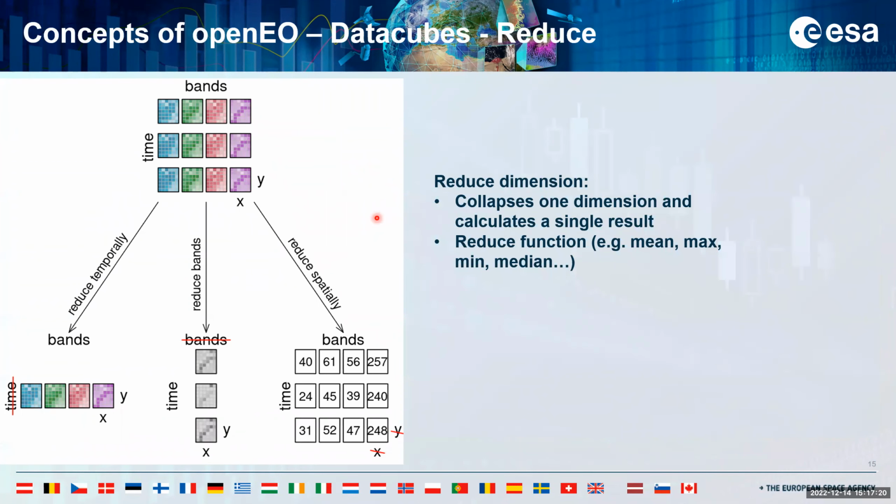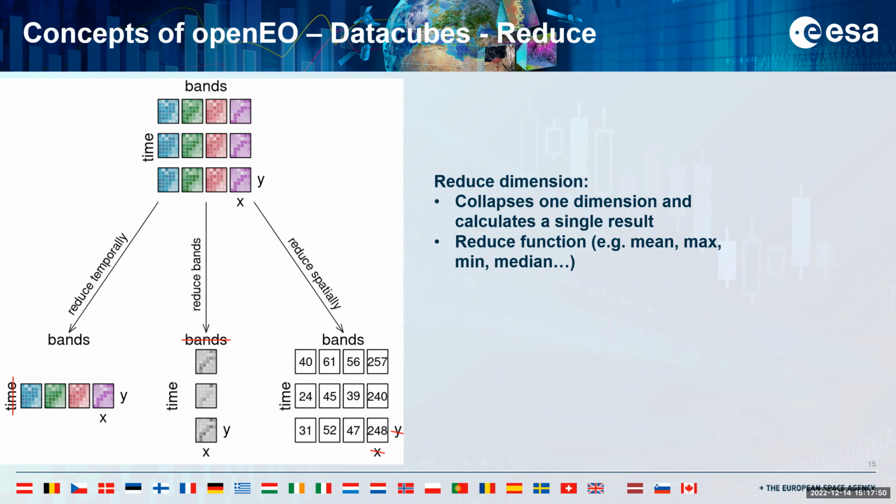Exactly. Then here also a concept is the reduce dimension function. I would go into more details if necessary. So just if you're interested in more details of these functionalities, just let me know. So the reduce dimension function basically collapses one dimension. So you have to give it a reducer function, a mean, a max, a min, a median or so.